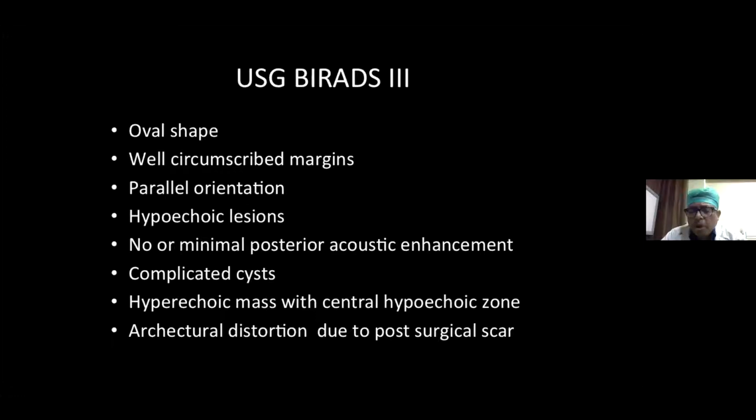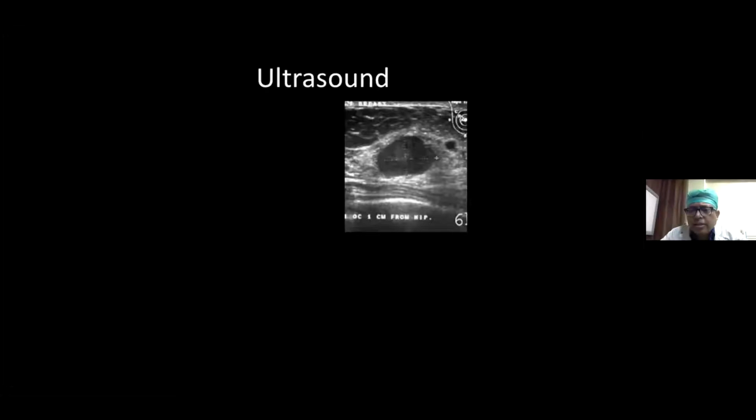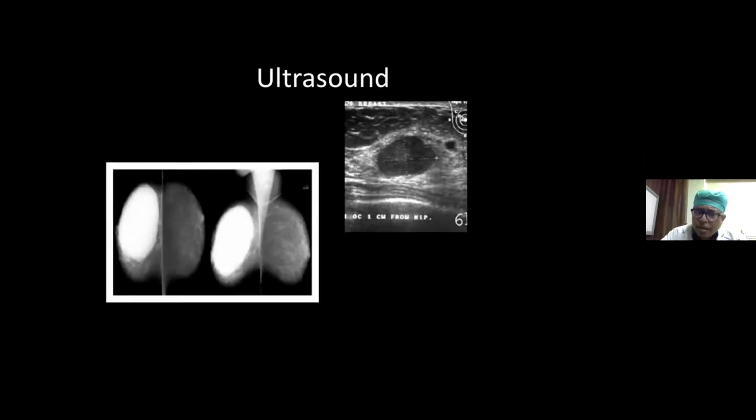You need not remember all of them. Just look at the examples that you can have. Now, this is a classical fibroadenoma that we have already described. This is again a giant fibroadenoma, or it may be a phylloid tumor.